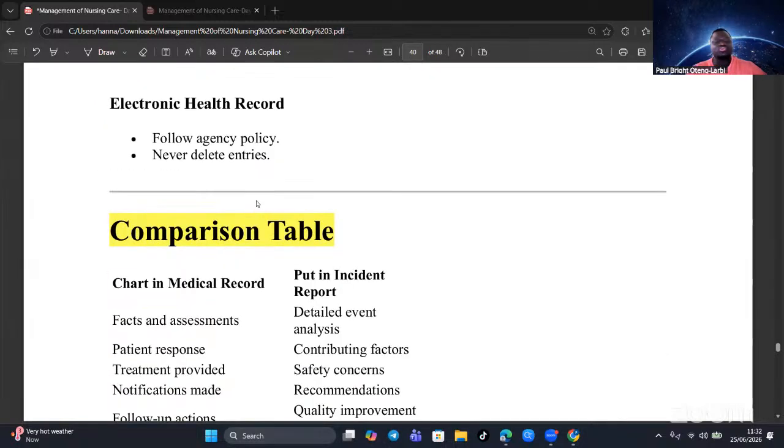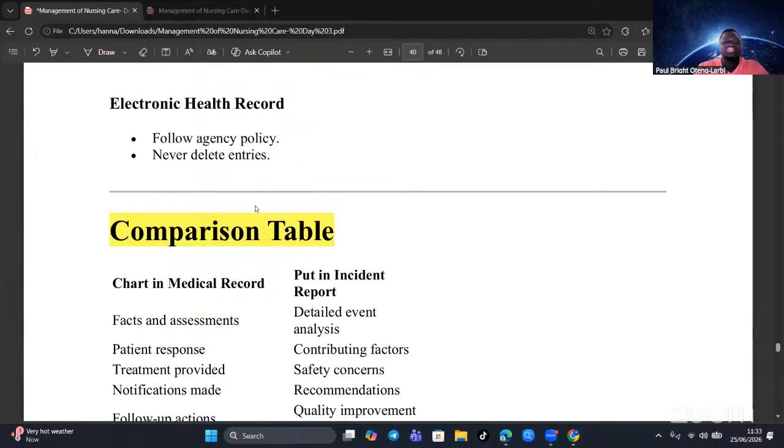Those of you who are using electronic records, follow your hospital policy. Never delete entries. Remember, the IT guys, the nurse informatics, they have an archive of whatever you document in the system. So when you delete, they will see. You will think you have deleted, but they still have the information you keyed in.